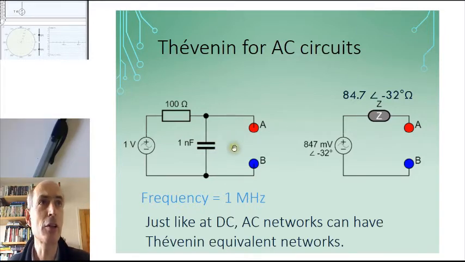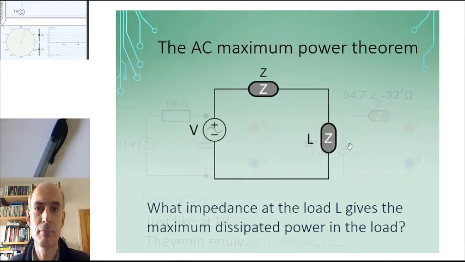If you then do the calculations, putting in the frequency of 1 MHz and deriving the complex impedance of the 1 nanofarad capacitor, you end up with this Thevenin equivalent network. And the Thevenin impedance now, it's an impedance, not a resistance, of 84.7 and a phase angle of -32 degrees.